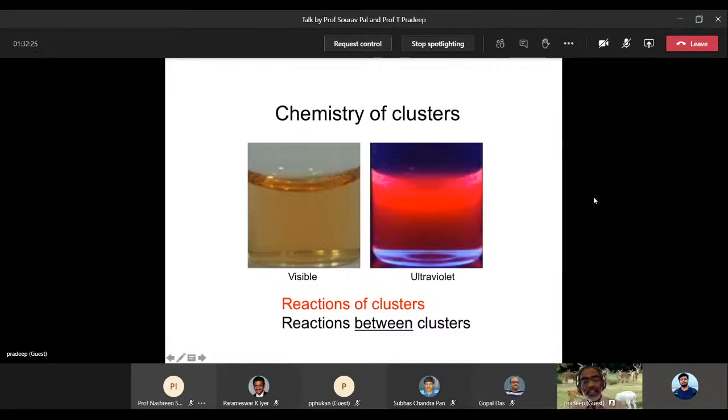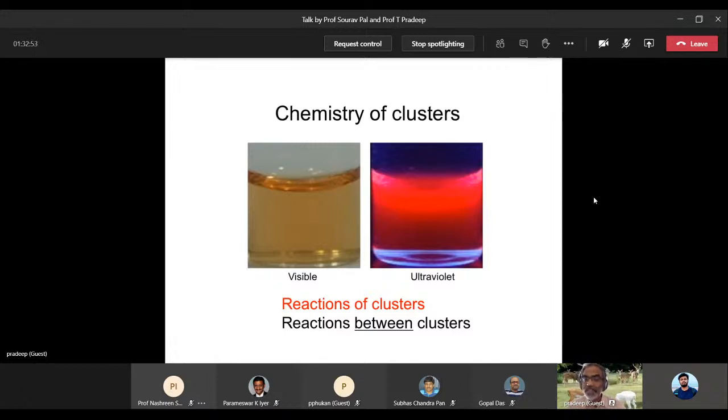If I were to irradiate a solution of that gold 25, well, this is not gold 25, a similar kind of cluster, with ultraviolet light, you get an emission like this. This is in the near infrared regime, about 650 to about 850 nanometers, so somewhere this is red in color.